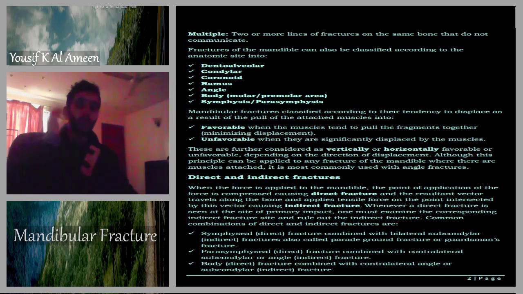Symphysis, parasymphysis, and body are combined with contralateral angle or subcondylar fracture, sometimes the angle and sometimes the subcondylar indirect fracture.